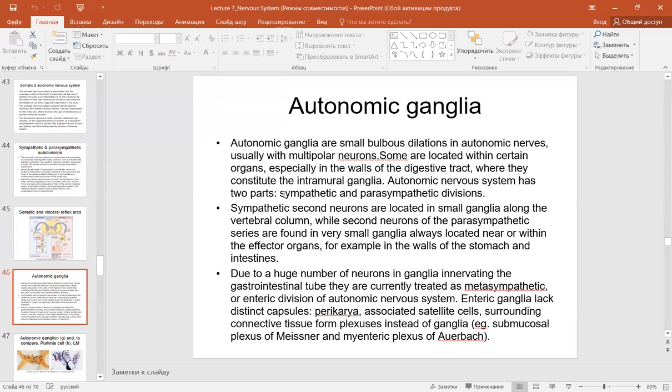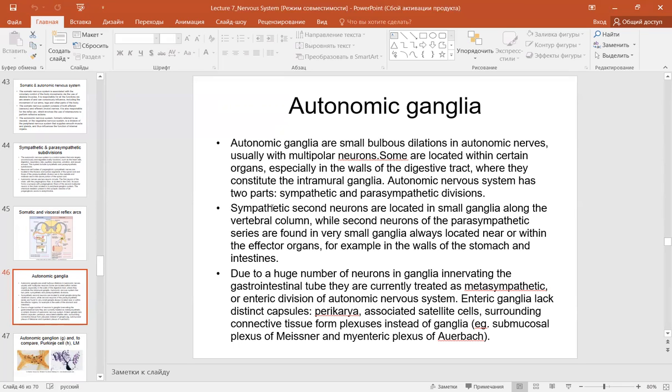Enteric ganglia lack distinct capsules. Perikarya associated with satellite cells and surrounding connective tissue form plexuses instead of ganglia. For example, the submucosal plexus of Meissner and the myenteric plexus of Auerbach support the gastrointestinal tube.